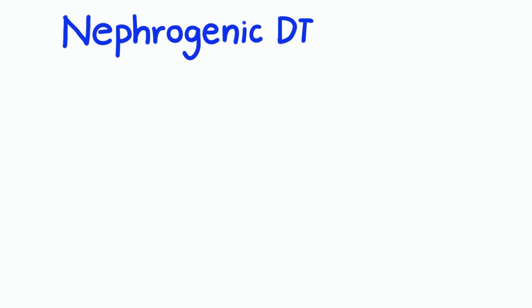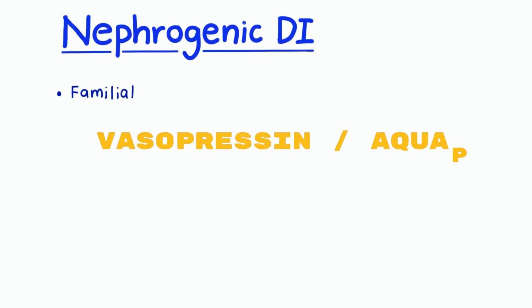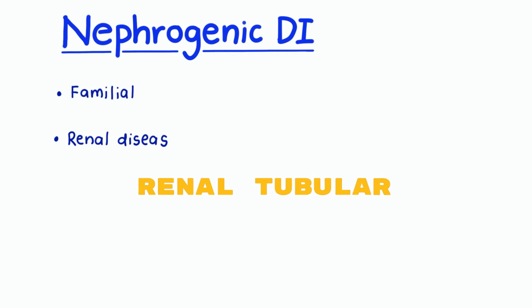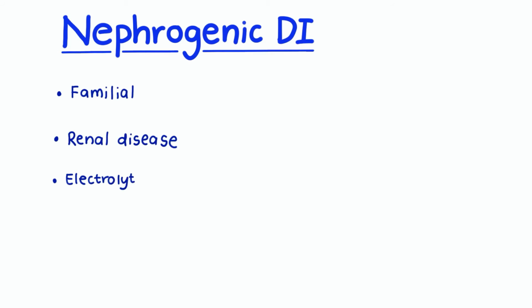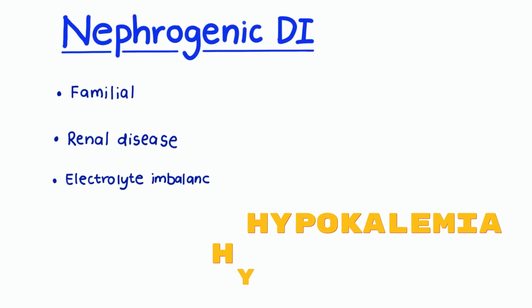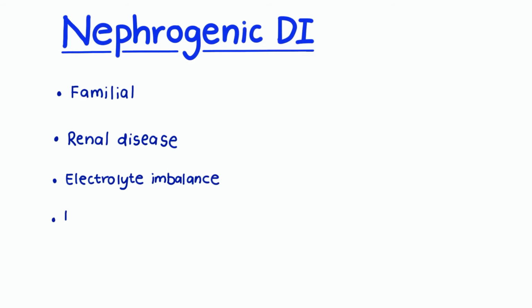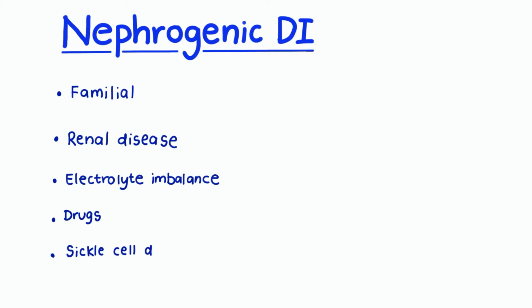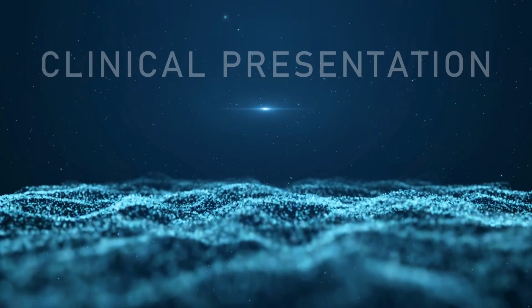Nephrogenic diabetes insipidus could be caused by familial causes like vasopressin receptor or aquaporin 2 gene defect, renal diseases like renal tubular acidosis, electrolyte imbalances like hypokalemia and hypercalcemia, drugs like lithium and demeclocycline, and sickle cell disease. So how do these patients present?